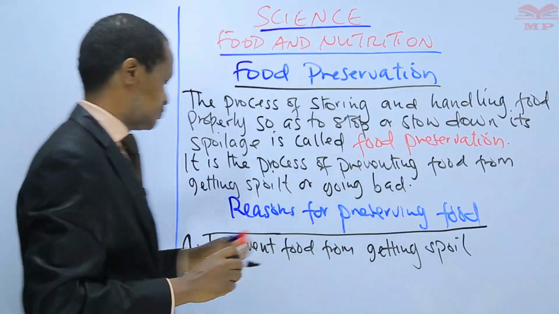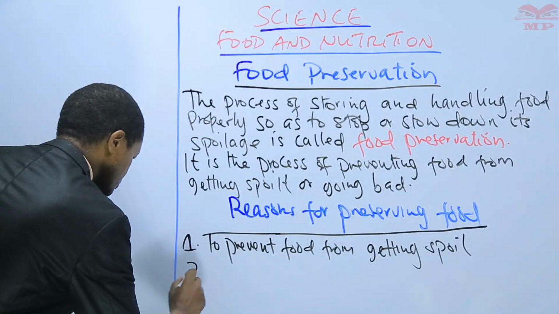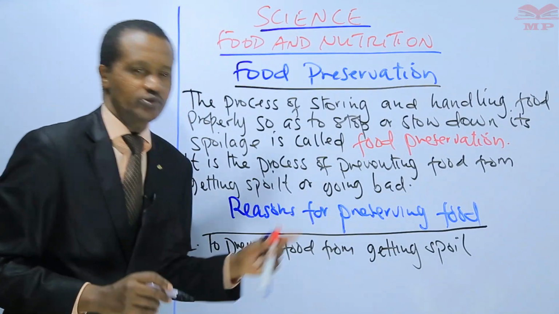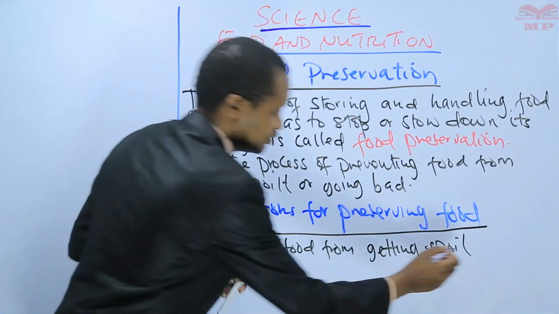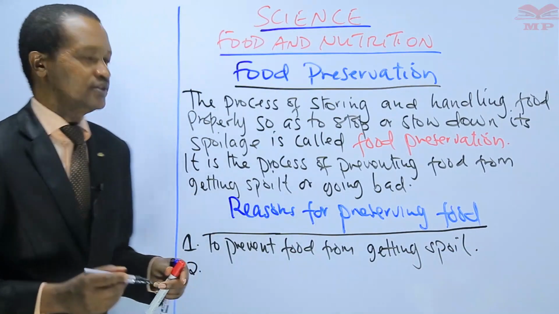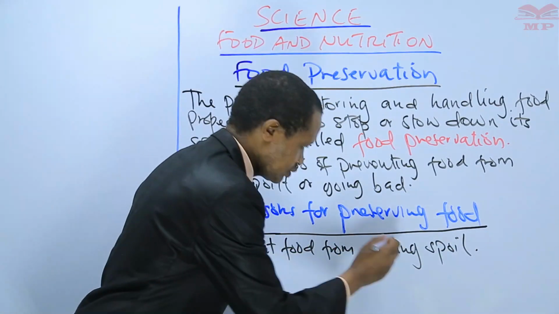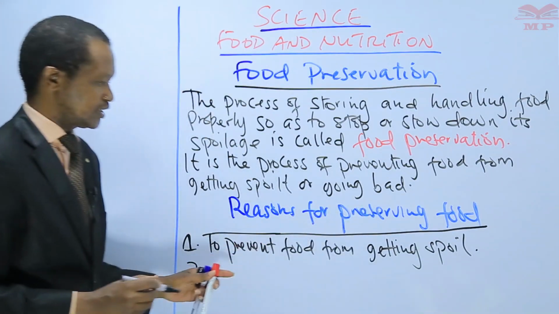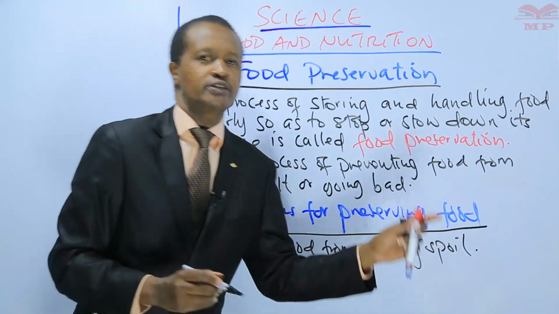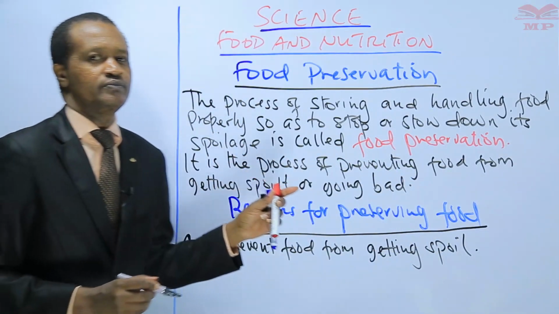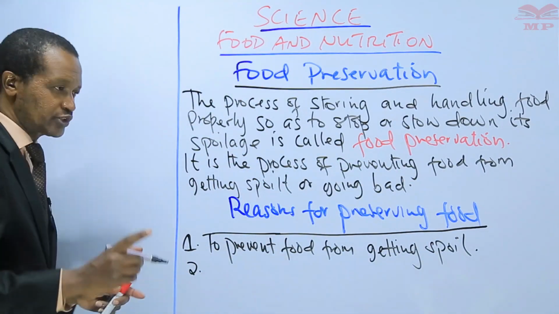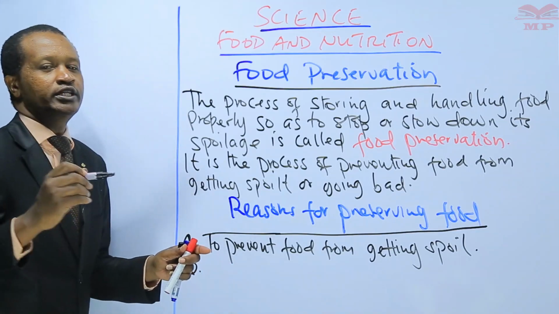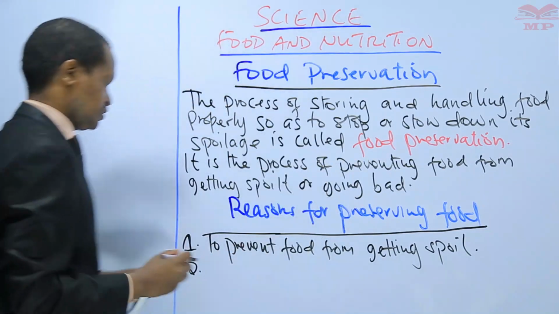Number 2. Please write down that point, then put a full stop. Write the sentence: We preserve food so that that food will not get spoiled. Number 2 is to reduce food wastage.